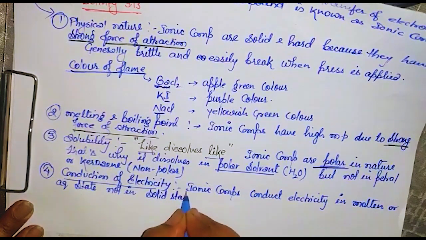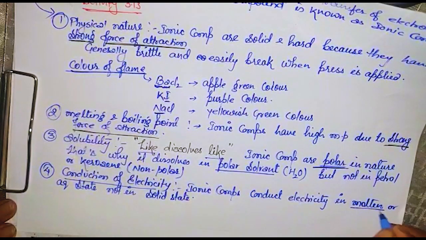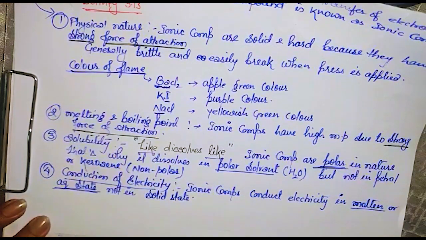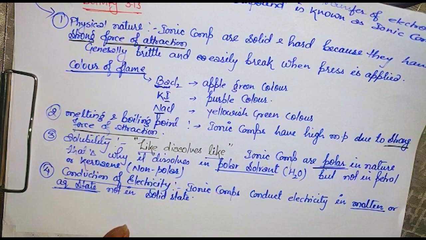Whenever it is molten, that means a little bit of water is there, or in aqueous state, that means more water is there, then only it will conduct electricity. But if it is dry, in solid state, it won't conduct electricity.